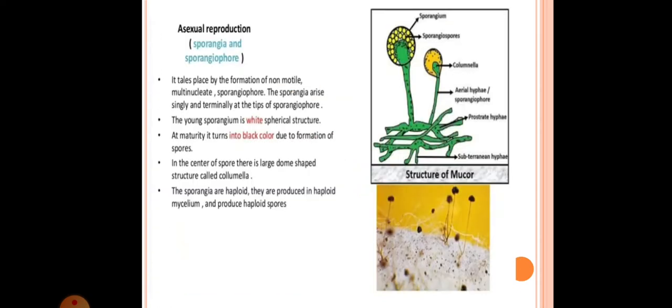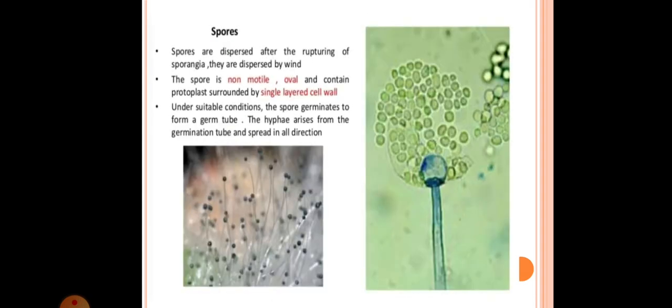The spores are oval and contain protoplast surrounded by a single-layered cell wall. Under suitable conditions, the spore germinates to form a germ tube. The hyphae arise from the germ tube and spread in all directions. So this is about the spore.